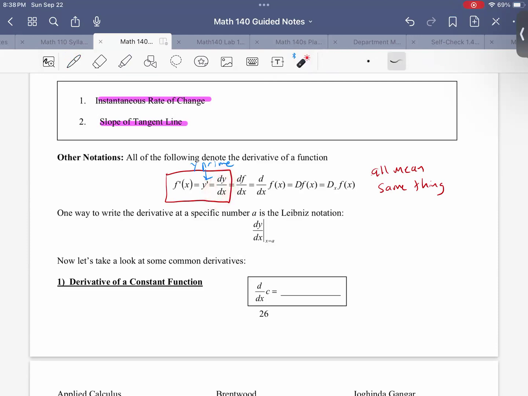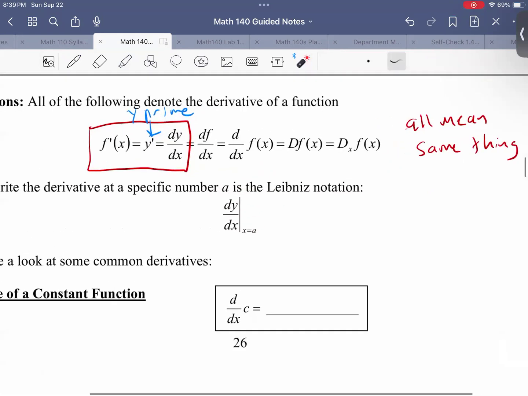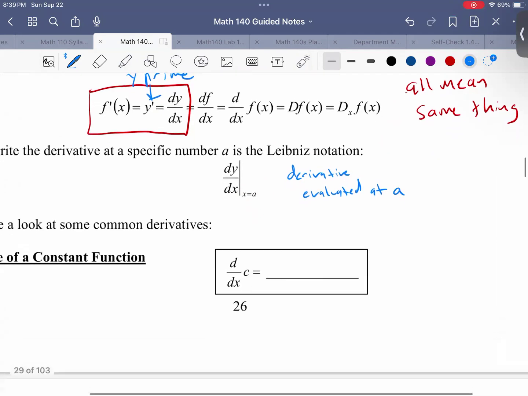We rarely use it. You might see it in an example or two. There's also another way here where it says dy dx with this little x equals a right here. That just means the derivative evaluated at a.